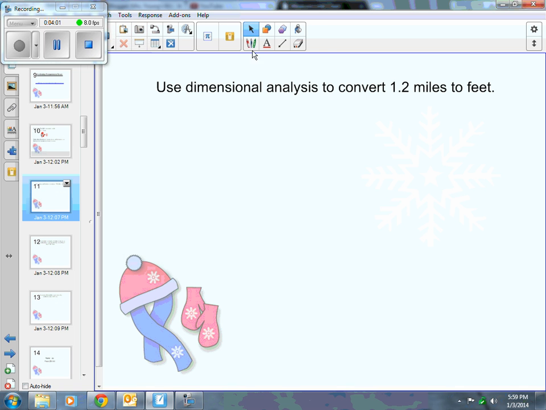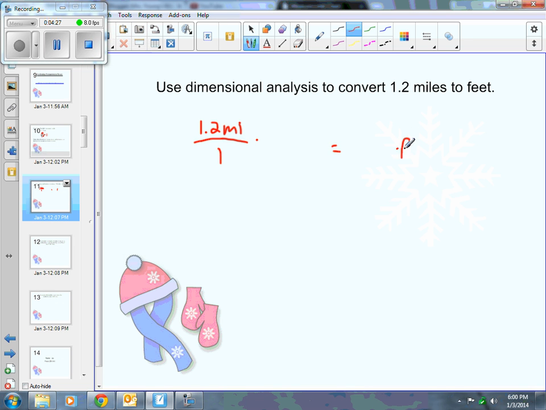We want to set up two fractions in order to do this. So I have 1.2 miles, and I'm just going to put this over 1 because we're going to need that for our fraction. Now, I want to convert it to feet, so my eventual answer is going to be something something feet.